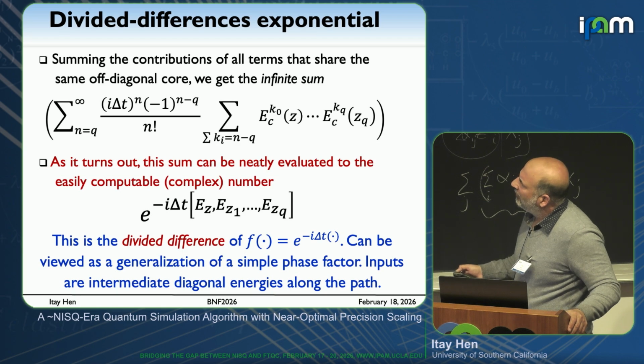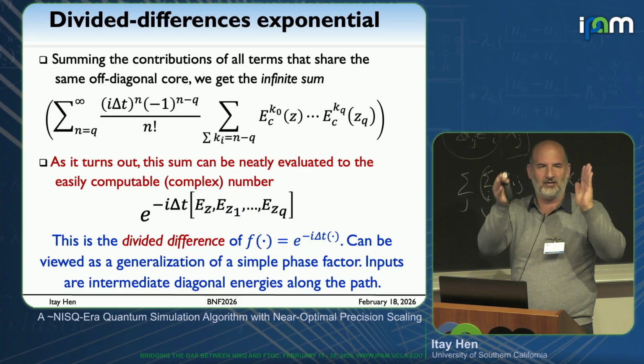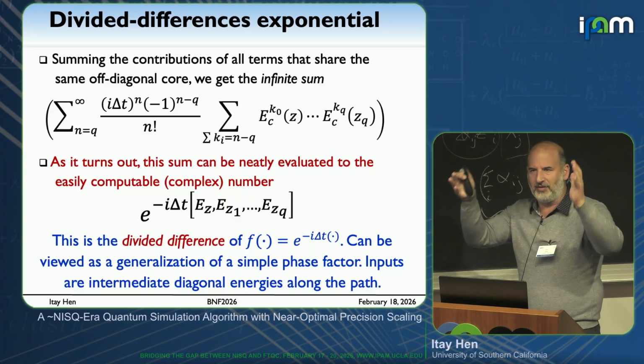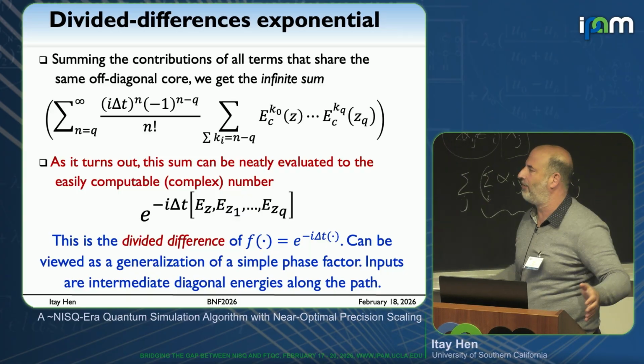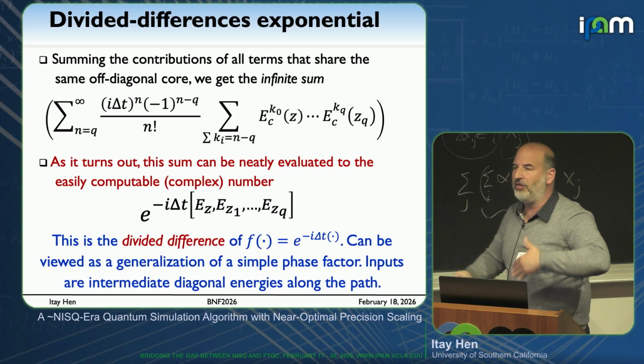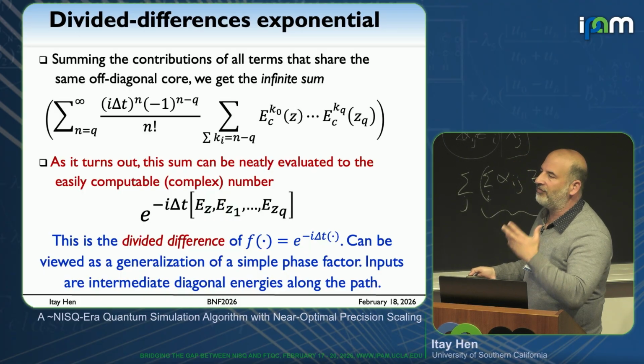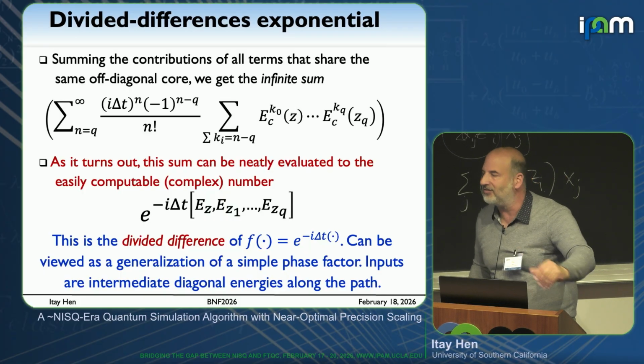what we can do is we focus on one off-diagonal core, P1, P2, P1, P3, for example. And we can look at all the terms that have the same core, and each of them contributes a constant.